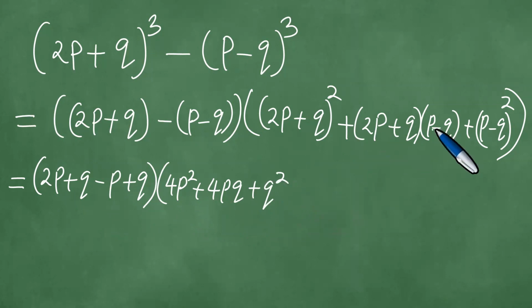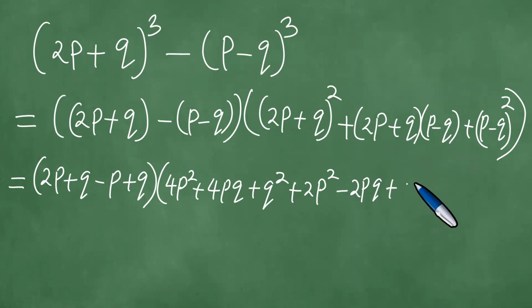We distribute here, open up the parentheses, and multiply using the FOIL method: 2p times p gives 2p squared, 2p by minus q is minus 2pq, q by p becomes pq, and minus q squared.